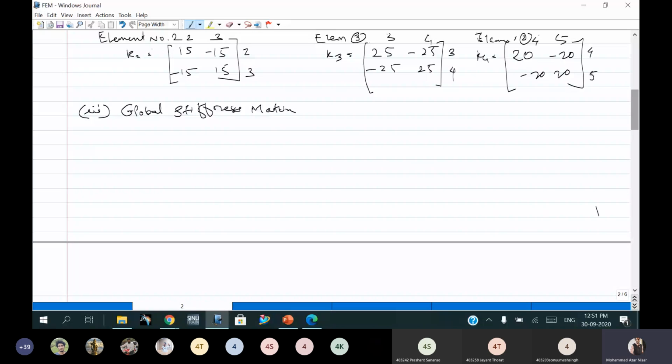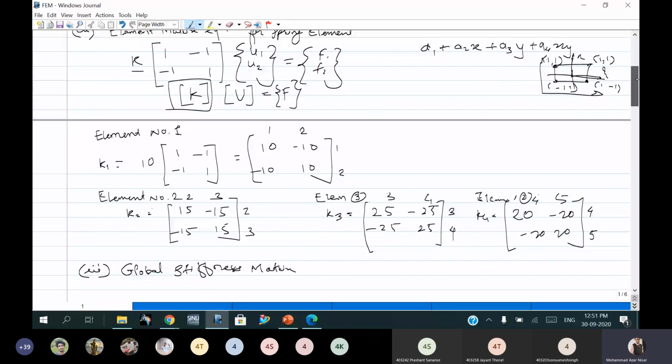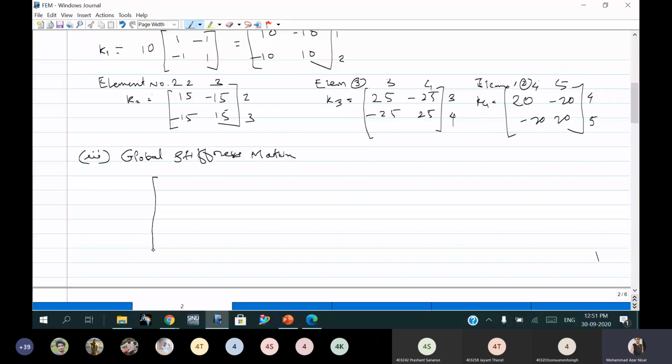So your matrix will be a 5 by 5 matrix. Okay, so write down 1, 2, 3, 4, and 5, again 1, 2, 3, 4, and 5. So a 5 by 5 matrix.